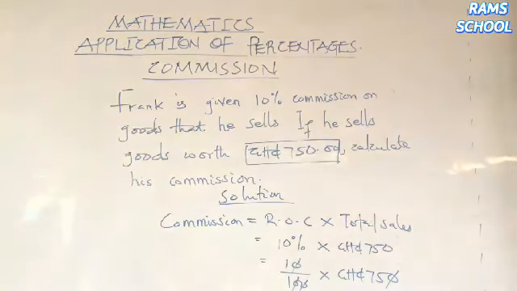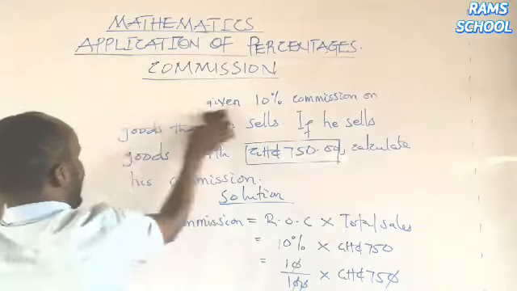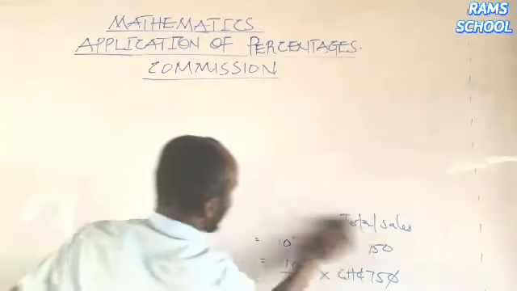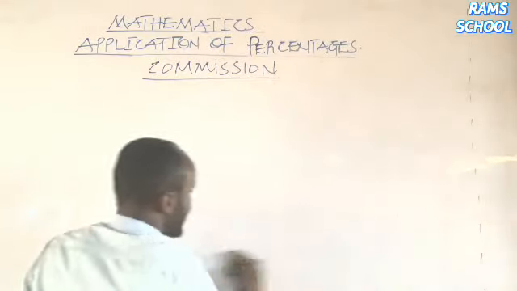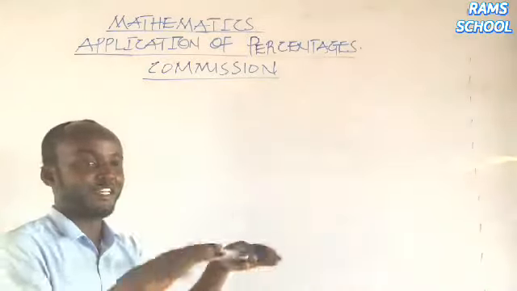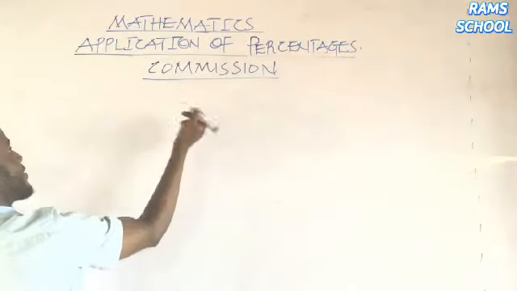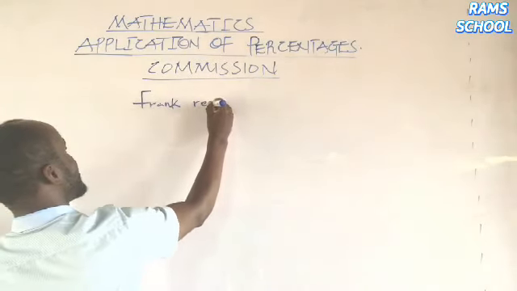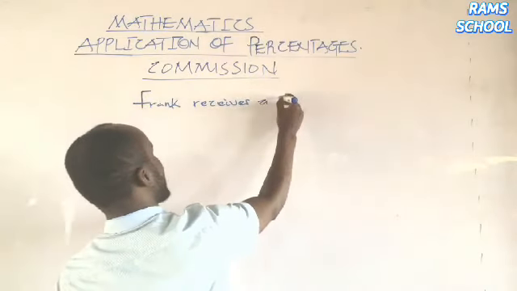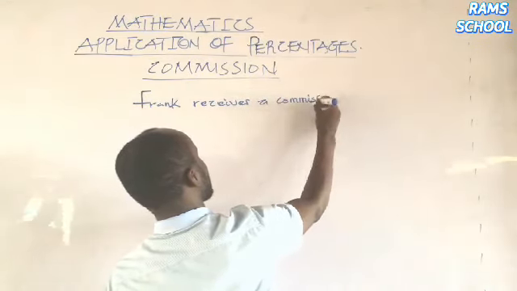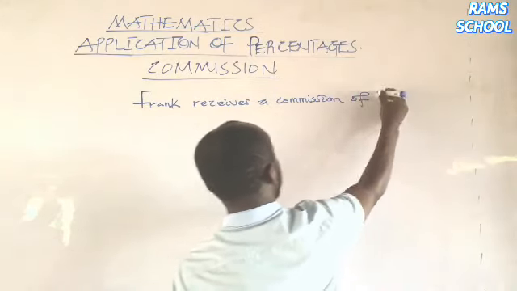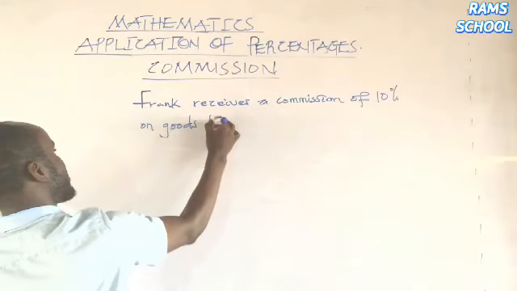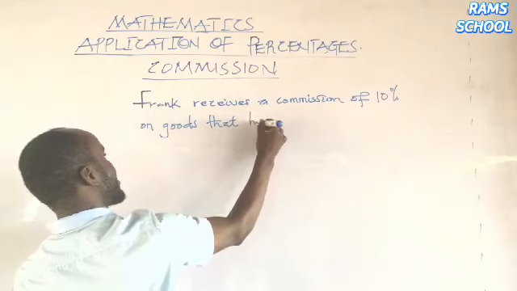All right. I'm using this same question, but I'm framing it in a different way. So pay attention here. Frank receives a commission of 10% on goods that he sells.